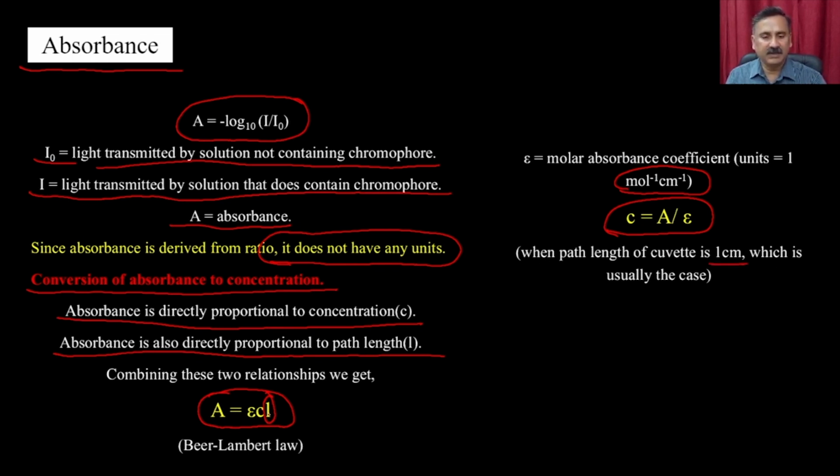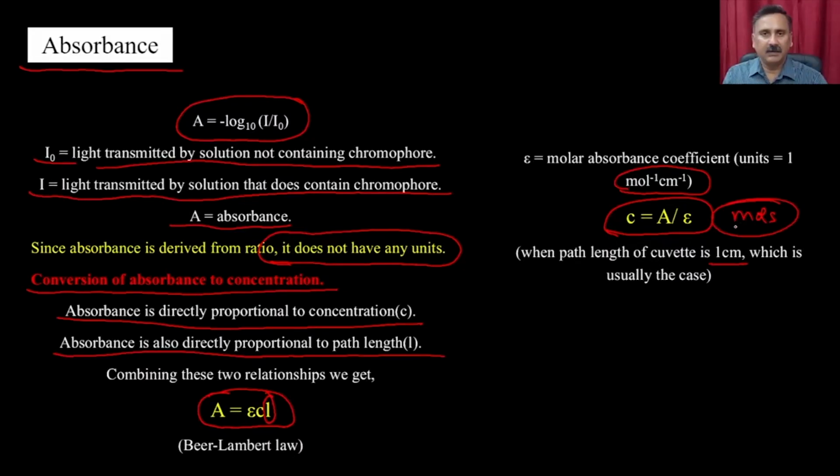So if it is constant, we can ignore it. And as you increase the concentration, there will be an increase in absorbance, and you can calculate the concentration of the molecule with the help of the absorbance divided by epsilon, okay?